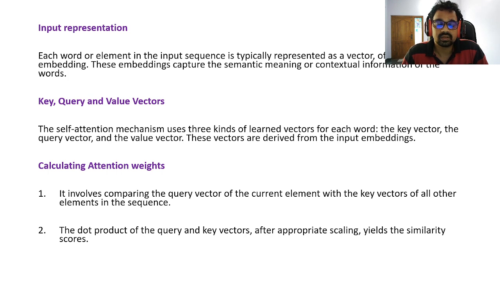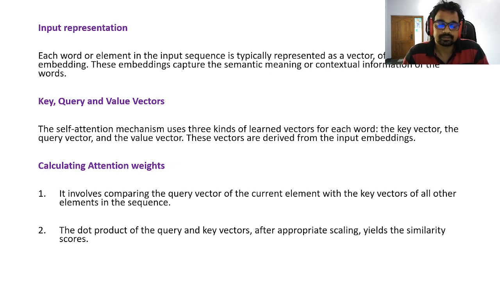These vectors are learned vectors which are derived from the input embeddings, and the self-attention mechanism works on the basis of the key vector, query vector, and value vector. These vectors are calculated for each and every word. As I mentioned, if there is a sentence "I love India", then the key, query, and value vectors will be calculated for each and every token.